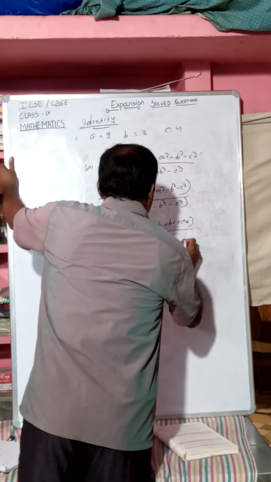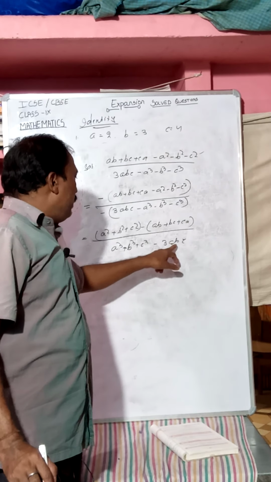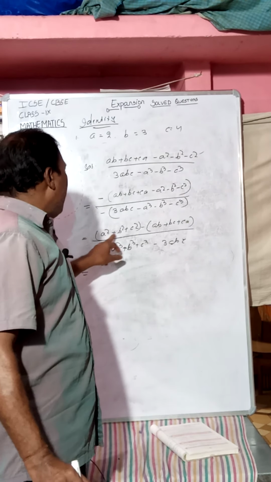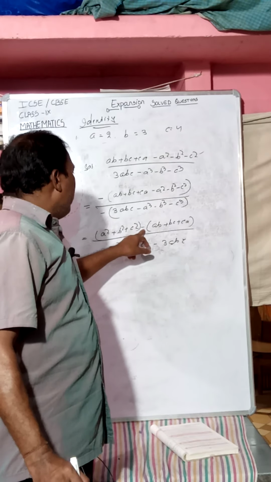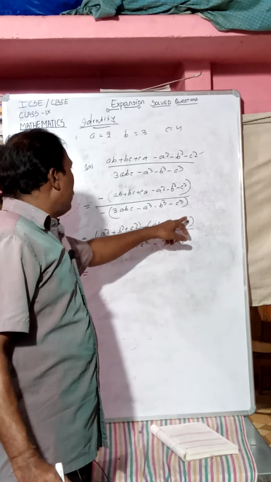Look, so A cube plus B cube plus C cube minus 3ABC, and here A square plus B square plus C square minus of (AB plus BC plus CA).